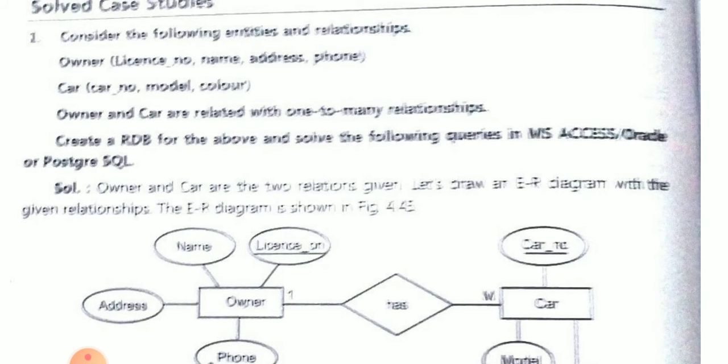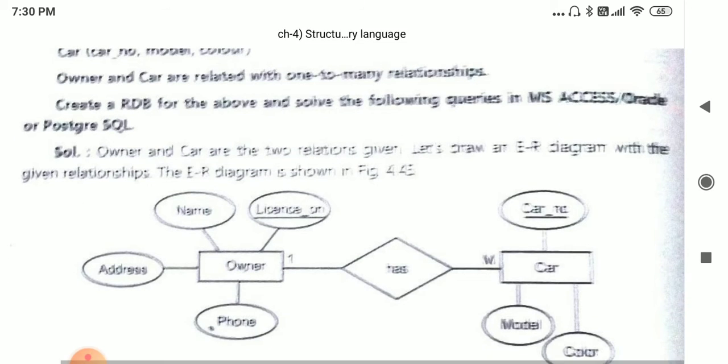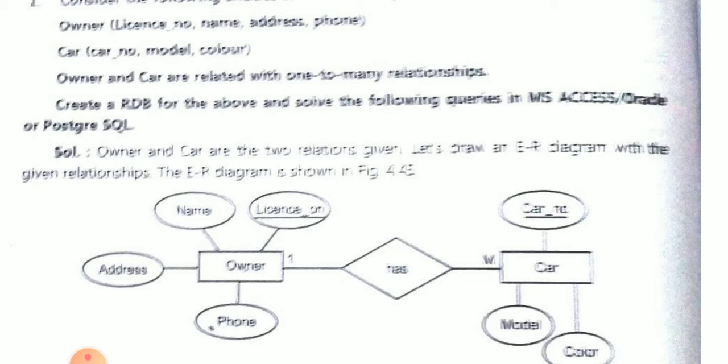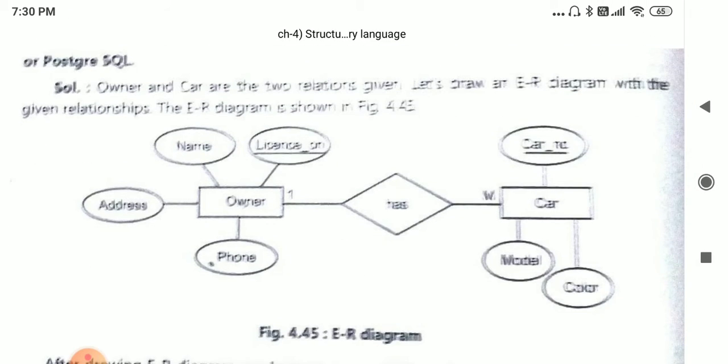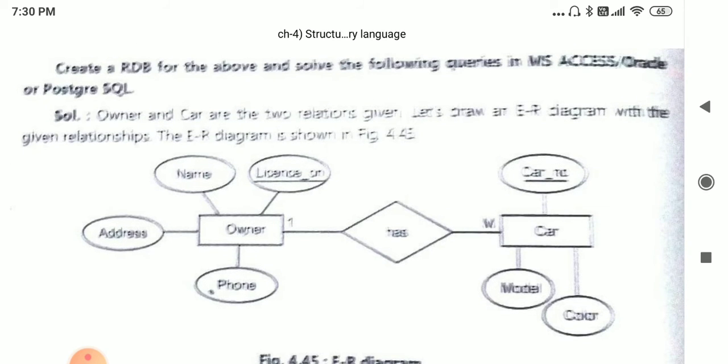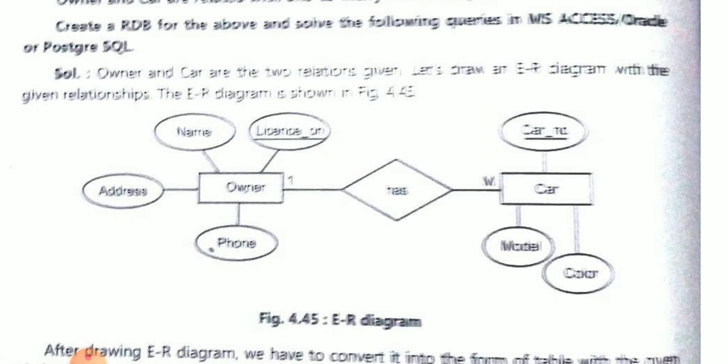Address, name, license number are shown in ellipses. These are the attributes of a table, also called fields, the names of columns. Owner and car are the tables, two relations given here.